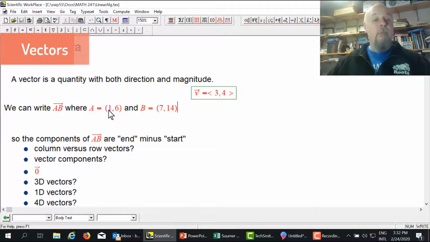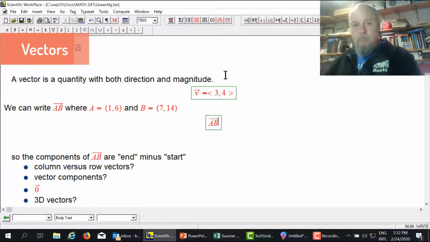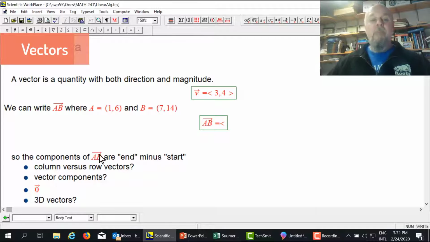So if I start at the point (1, 6) and go to the point (7, 14), let's think about what we have. The x was at 1 and it goes to 7, so that's an increase of 6.